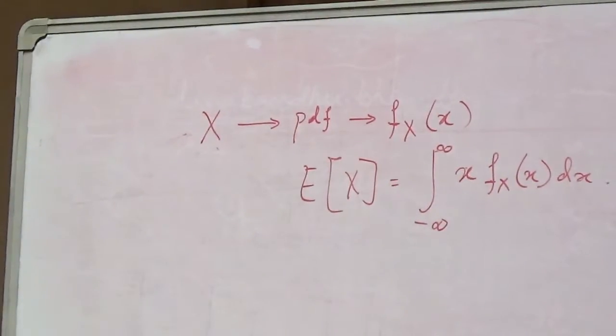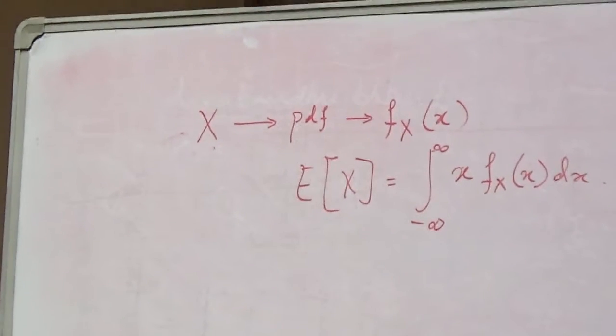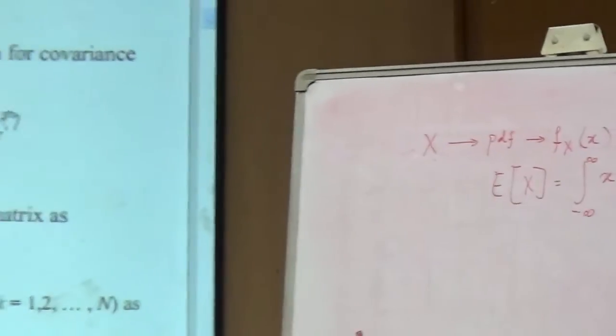I hope all of you are familiar with this, and we can derive the covariance matrix of this particular random vector. This is a random vector, okay? So this is the mean vector which I showed you in the previous slide. So the expectation of x is the mean pixel vector.